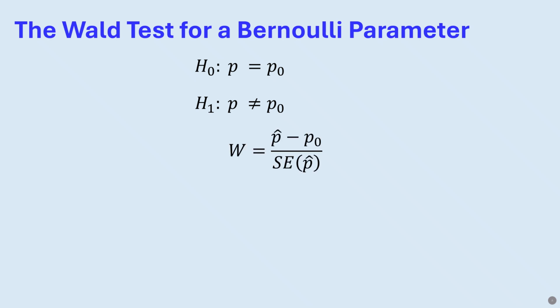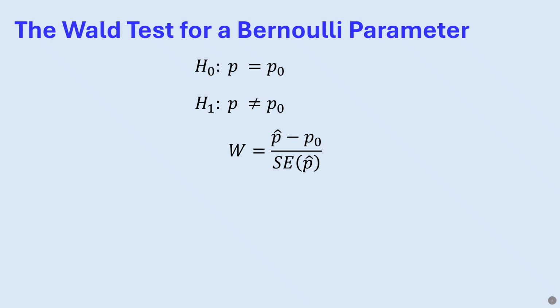Now let's apply the Wald test to a Bernoulli parameter. Our null hypothesis states that the population proportion is equal to p naught, while the alternative hypothesis states that the proportion is different from p naught. The Wald statistic is obtained by taking the difference between the estimated proportion and the hypothesized proportion, then dividing by the estimated standard error.